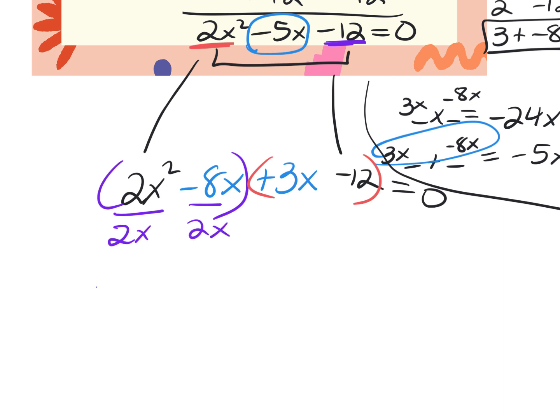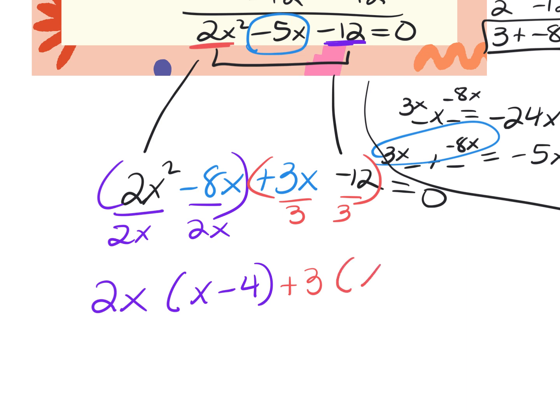I'm going to divide. So I put the GCF down. I divide. And that's the answer to the division. Then for the red group, my greatest common factor between 3x and negative 12 is going to be 3. So I'll put a plus 3 here, my GCF, and then I'm going to divide.